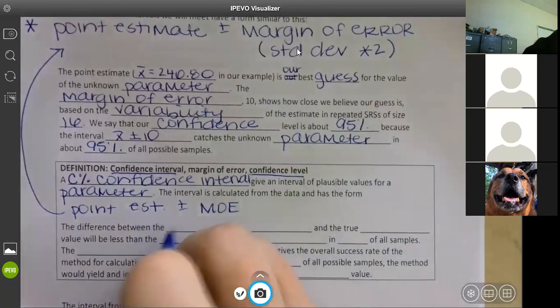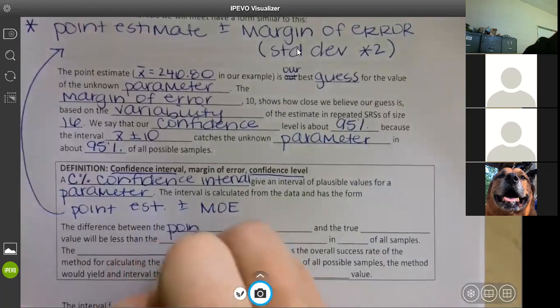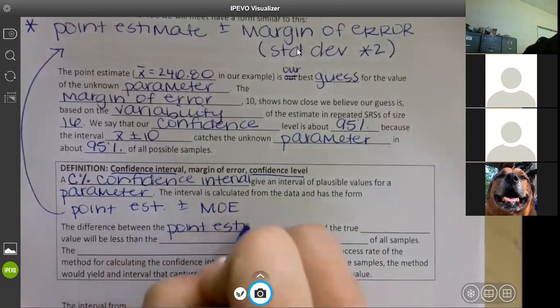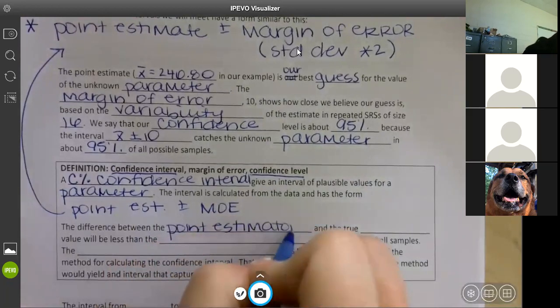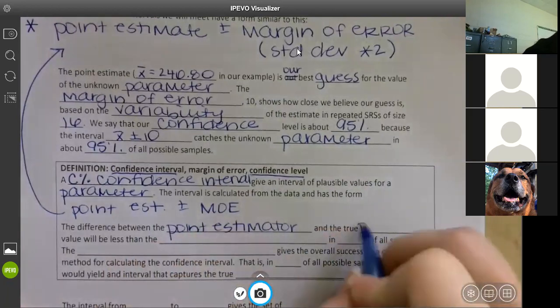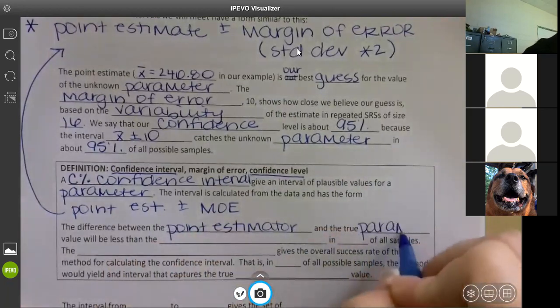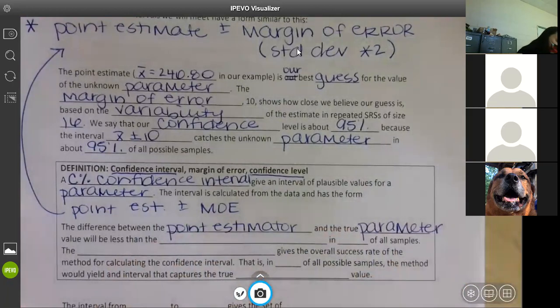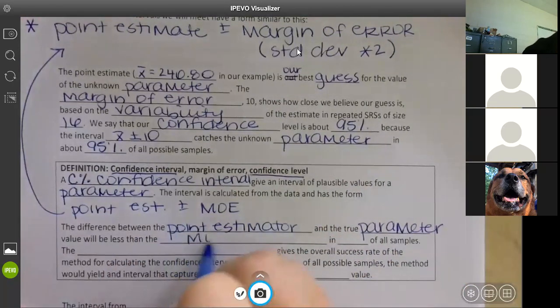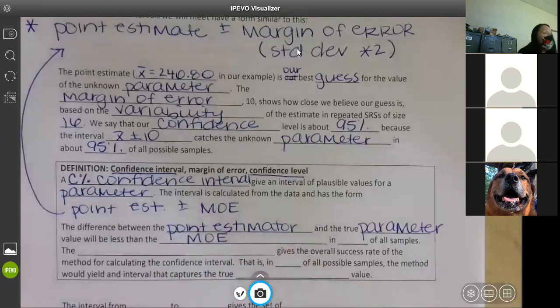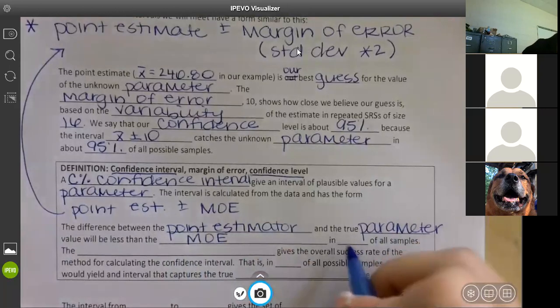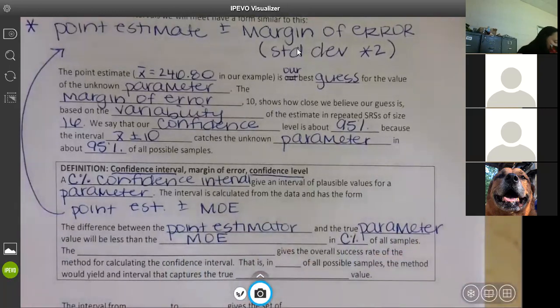The difference between the point estimator and the true parameter will be less than the margin of error. Okay, if you don't know what MOE is, margin of error, maybe write it out, in C% of all samples.